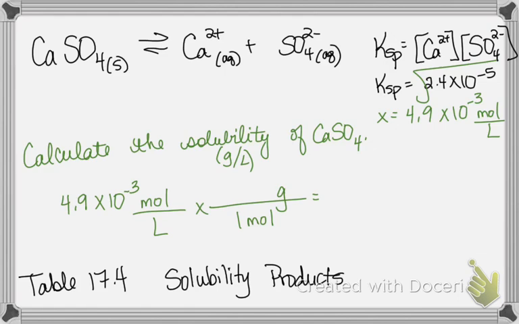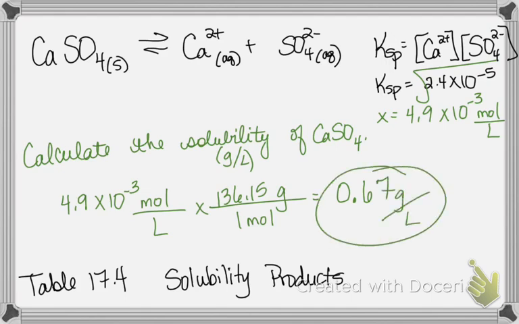Okay, so calculating the molar mass of calcium sulfate, I got 136.15. So I simply solve that, and the solubility is 0.67 grams per liter. That's the solubility of calcium sulfate.